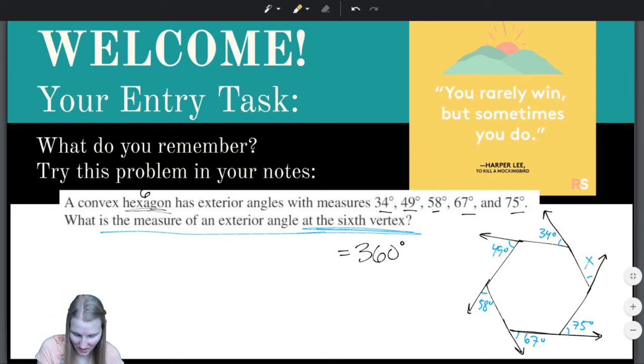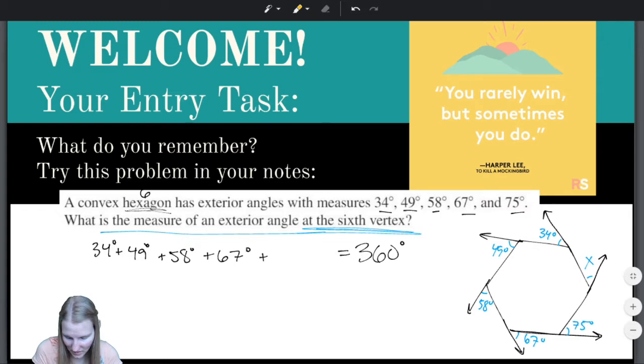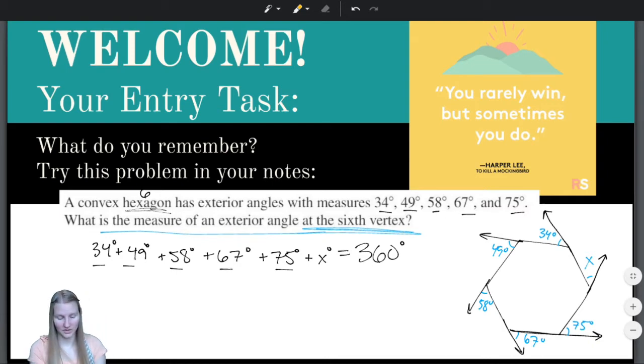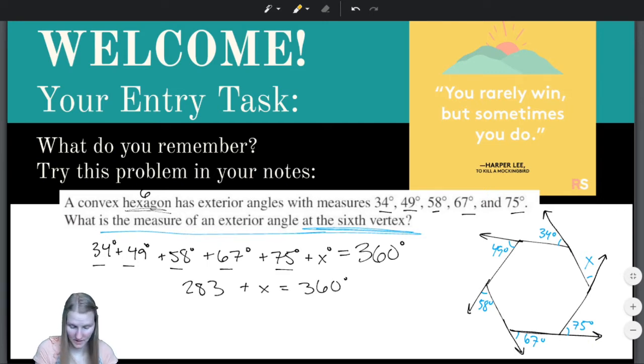So, that means that 34 plus 49 plus 58 plus 67 plus 75 plus x should be 360 degrees. So, let's combine our like terms. 34 plus 49 plus 58 plus 67 plus 75 is equal to 283, so 283 plus x equals 360.